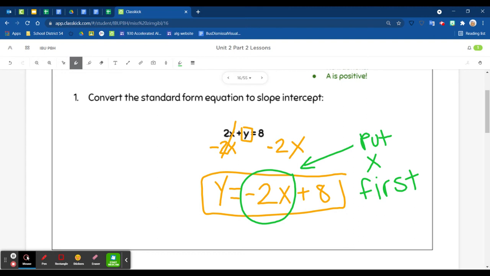A lot of times we'll subtract the 2x and then we just think y equals mx plus b. We forget that the m actually has to have the variable on it, and we label our slope and our intercept flip-flopped. So we're going to make sure that we put x first, keep the same sign with it. Since I subtracted, it's a negative. Then I have my slope as negative 2 and my intercept is 8, and I can graph that.